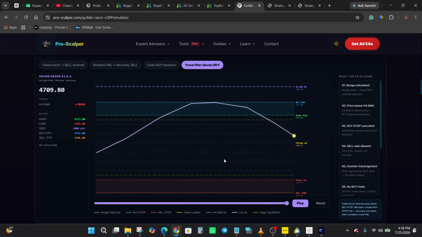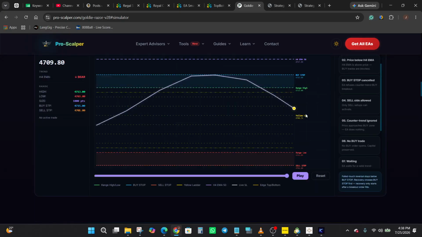Now, for risk management, the EA combines the H4 EMA filter and yellow ladder with automatic break-even, fast trailing mode for standard breakouts, spread filters, and on-chart execution guards. The documentation also displays the on-chart dashboard interface for MetaTrader 5.